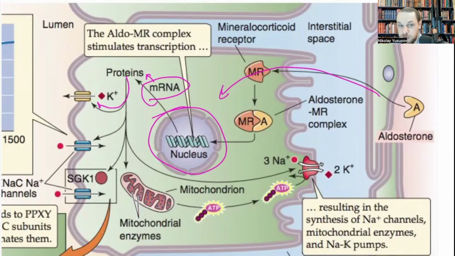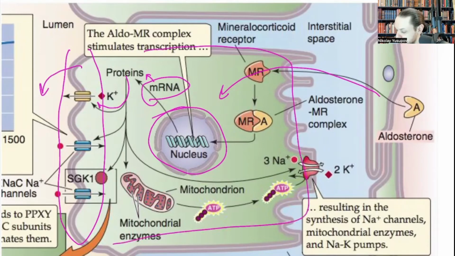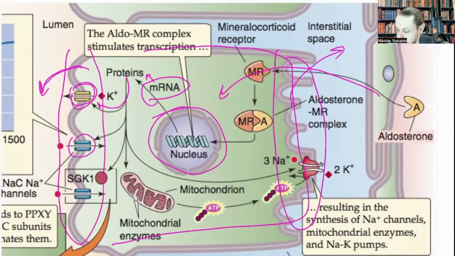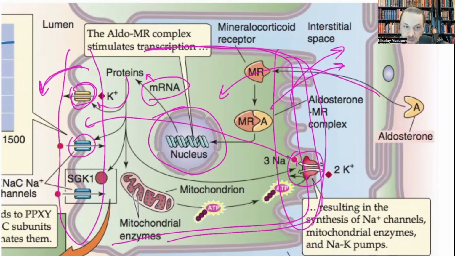What's very important for you to know is the difference between the channels embedded on the luminal side, leading towards urine formation, versus the channels made on the basolateral side, which reuptake into the interstitium. Very different. The luminal side, which makes urine, is where the potassium and sodium channels are made. But the basolateral side, coming into the interstitium, is where you have the sodium potassium ATPases. This sodium potassium ATPase will never ever be made on the luminal side.